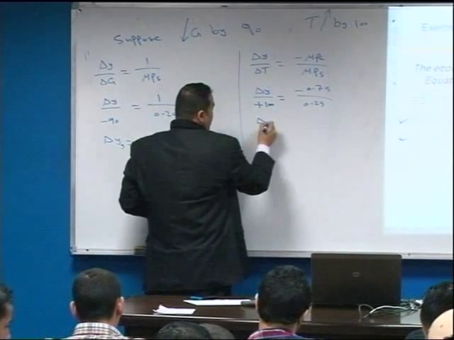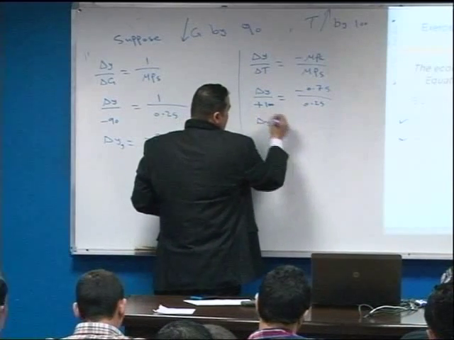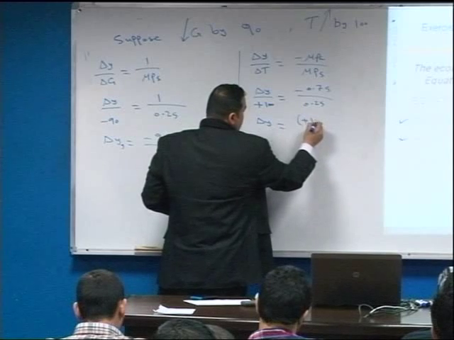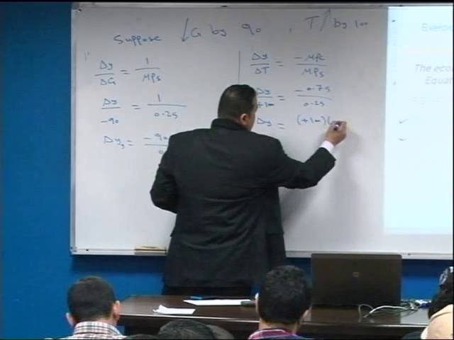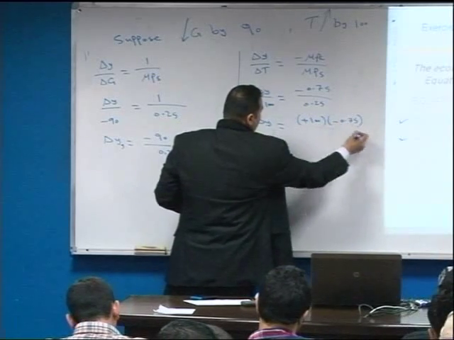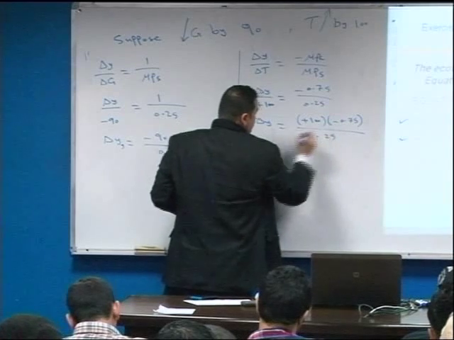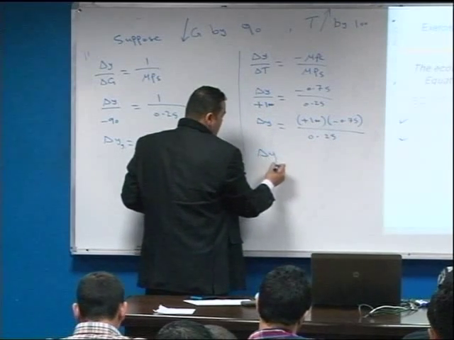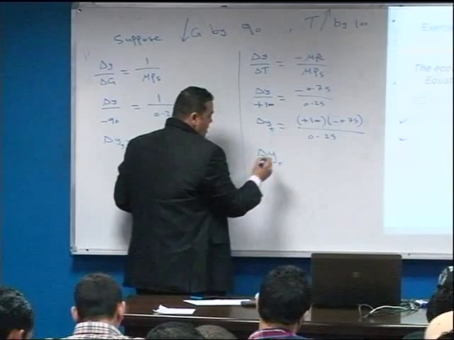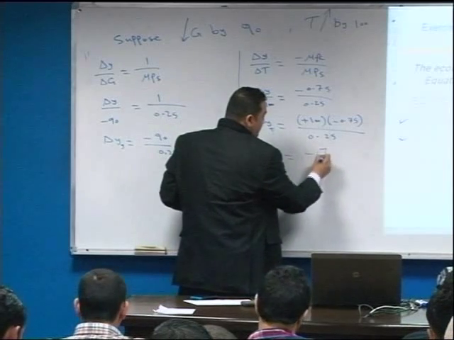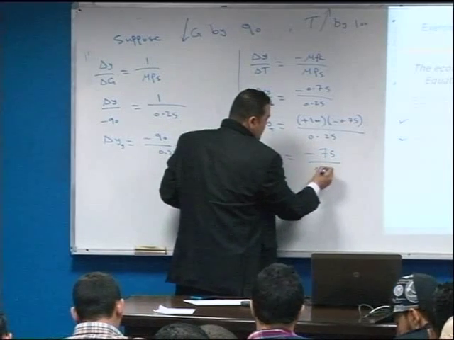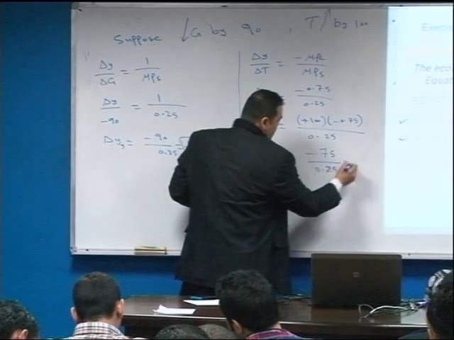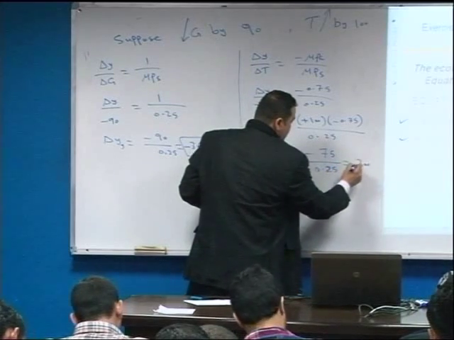So delta Y equals 100 times minus 0.75 over 0.25. So delta Y T equals minus 75 over 0.25, minus 300.